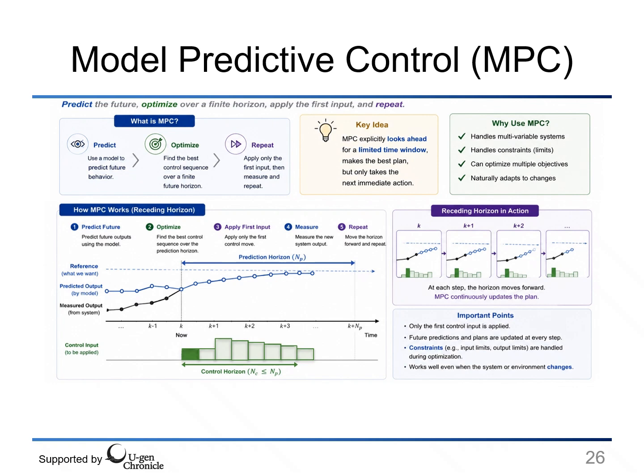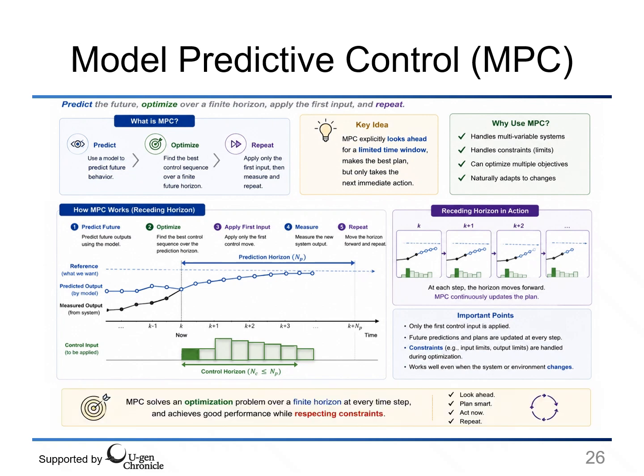After that, it measures the new state, predicts again, optimizes again, and repeats. This process is called the receding horizon. Because optimization is repeated every sampling period, MPC naturally handles constraints, multiple variables, and changing environments. That's why it has become extremely popular in modern automotive and robotics applications.